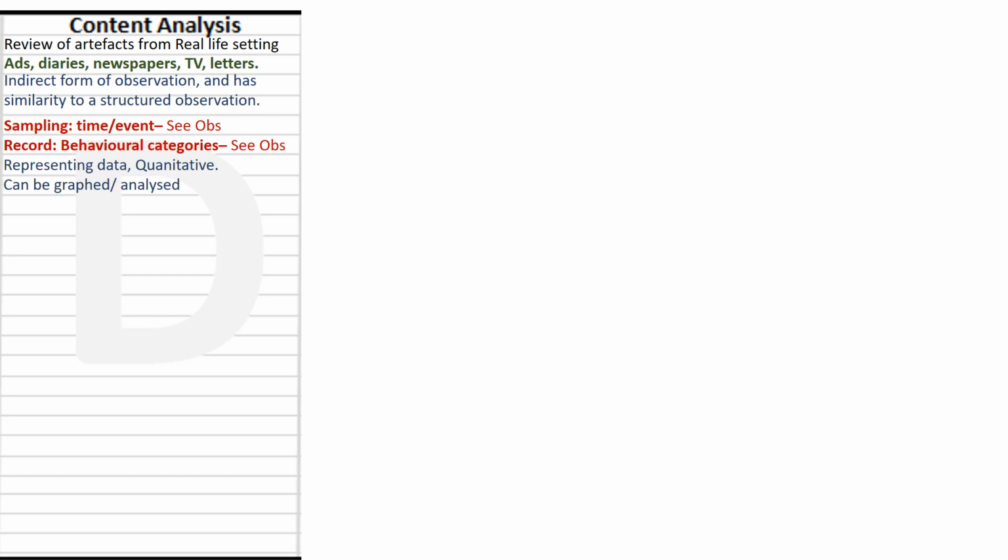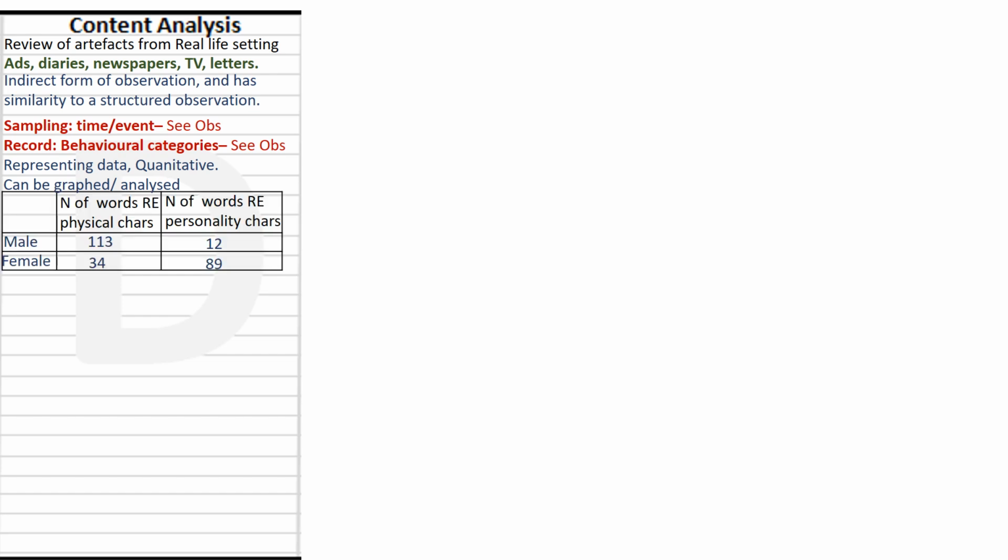Okay, so we might want to use quantitative data. If we use quantitative data, then this data could be graphed and analyzed. So if we've identified our behavioral categories, then it's simply a matter of recording the number of times those behavioral categories occur.